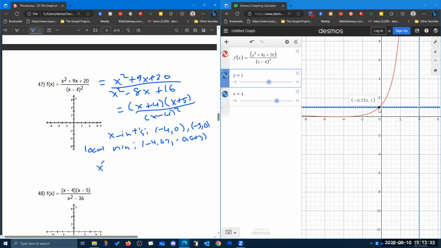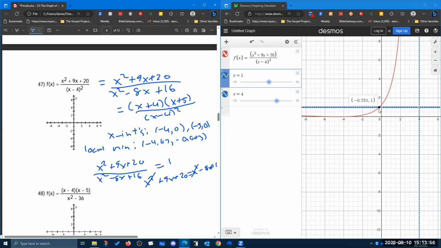So x squared plus 9x plus 20 over x squared minus 8x plus 16 is going to be equal to 1. X squared plus 9x plus 20 equals x squared minus 8x plus 16.